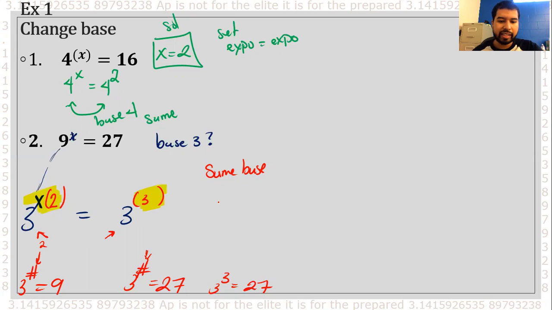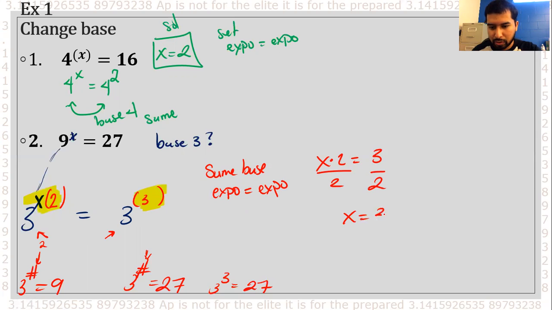So we're going to go ahead and get the exponents, and we're going to go ahead and equal them to each other. So in this case, x times 2 equals 3. And we can go ahead and solve for this. This isn't that bad. X is being multiplied by 2, so I'm going to get rid of that by dividing by 2 on both sides. So x is equal to 3 halves.